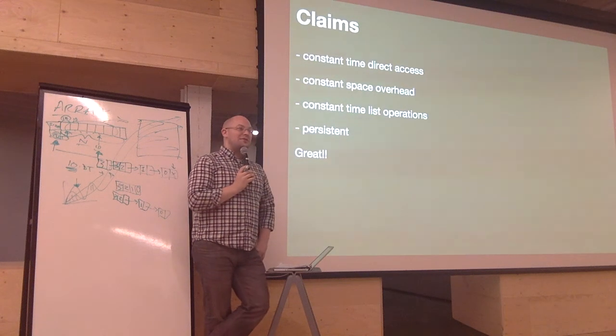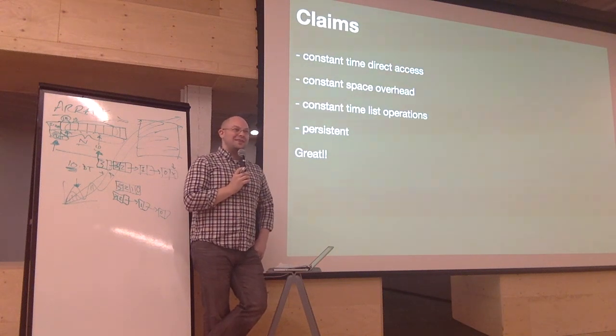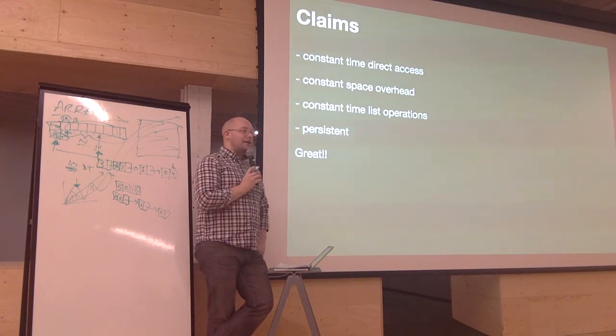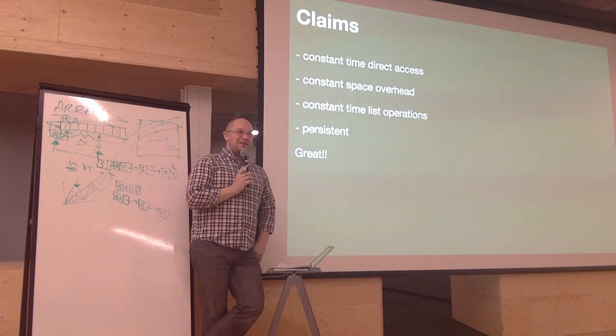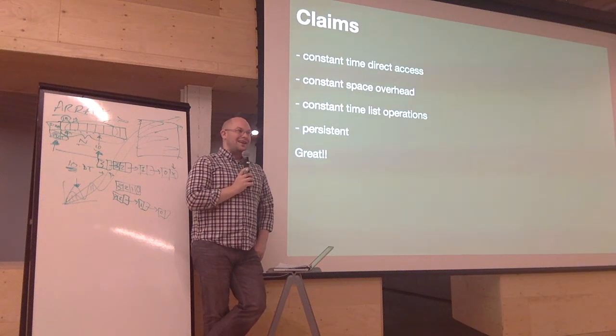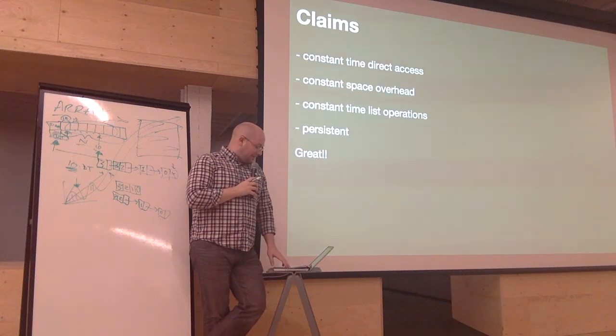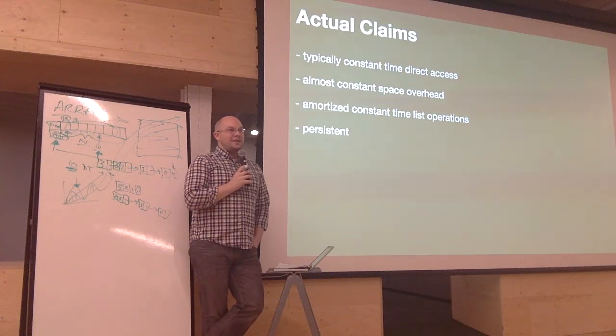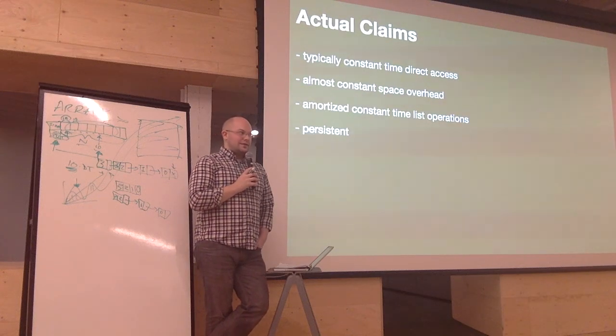If only. Those are not actually the claims that he's going to make, because no one's actually figured out how to do that, because making data structures is fun and easy, but also really complicated, because you're constantly making these horrible trade-offs. So what he's actually going to claim is that we get typically constant time direct access, right? So most of the time, it's constant.